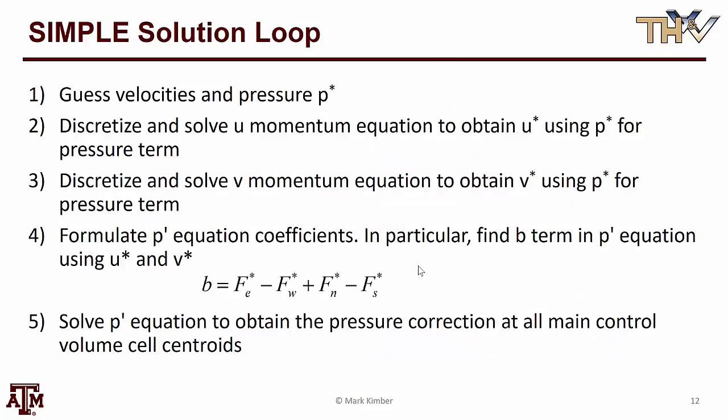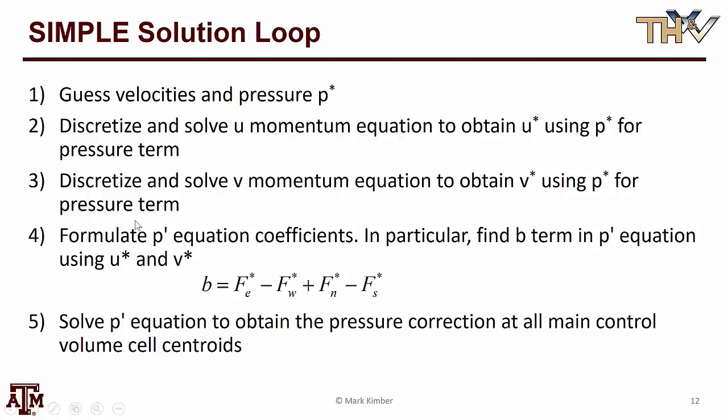So the solution loop is going to look something like the following. Step 1, we're going to guess our pressure and velocities. Step 2 is we're going to solve the U momentum to find this U star. And then we're going to discretize the V momentum equation to find the V star.